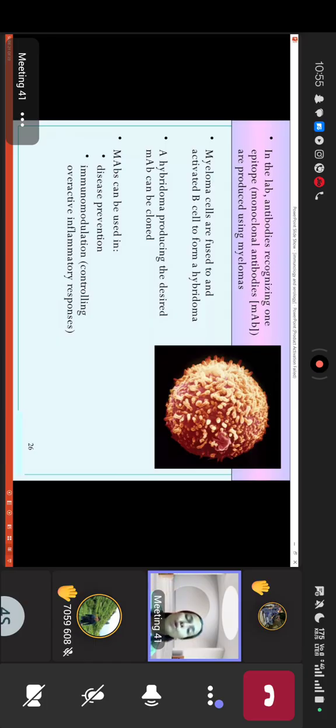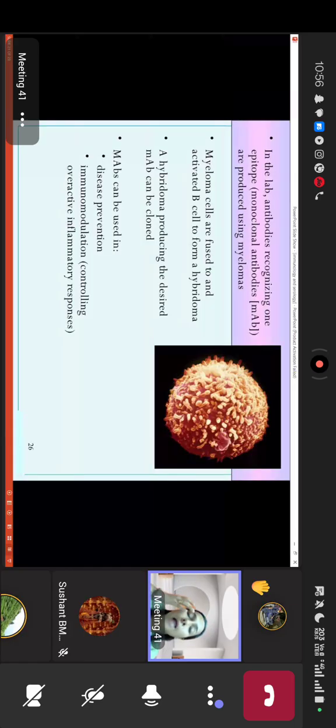B cells further produce plasma cells, and plasma cells produce antibodies, which I already told you about, how our immune system works. Now the antibodies are produced, and they are used for disease prevention, or controlling overactive inflammatory response. So this is the technique of how we produce antibodies in our labs, right?